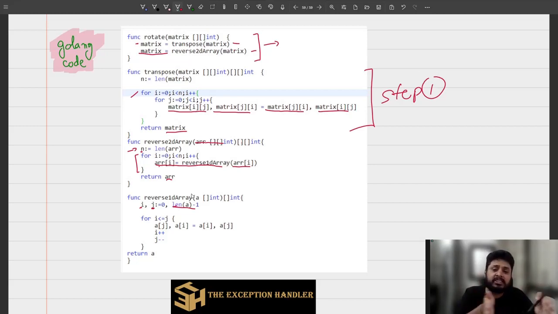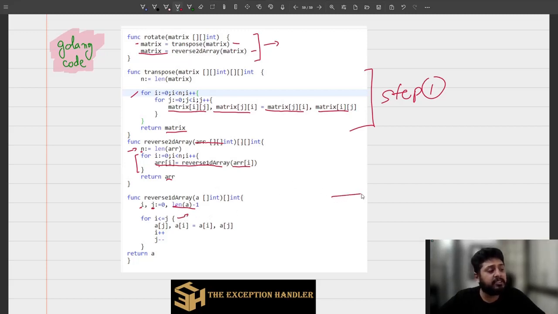Then again the increment and decrement of i and j happens, and then swapping. This is happening till my i is lesser than j. Once my i is trying to cross j, I would again end up getting the complete array back to its original state. So I don't want to do that, which is why I'm just doing it for half.